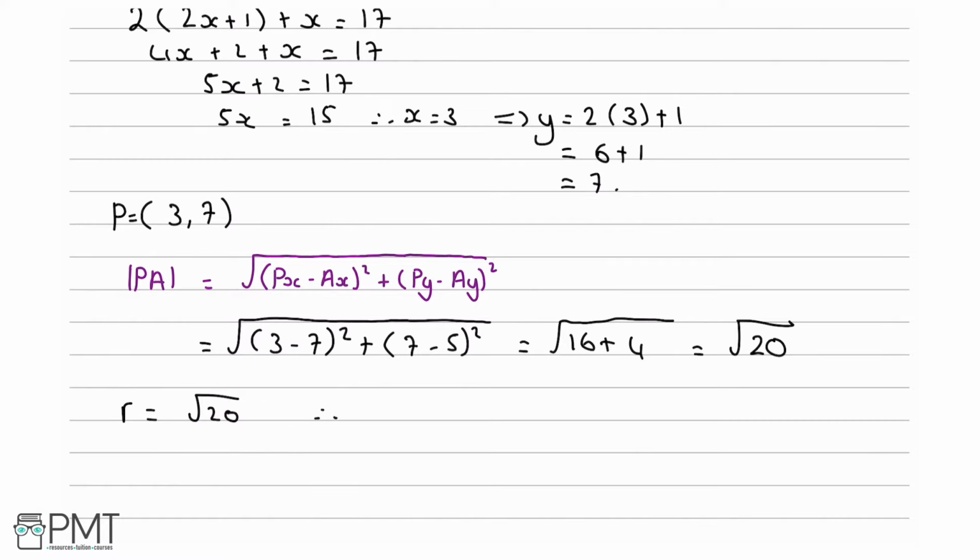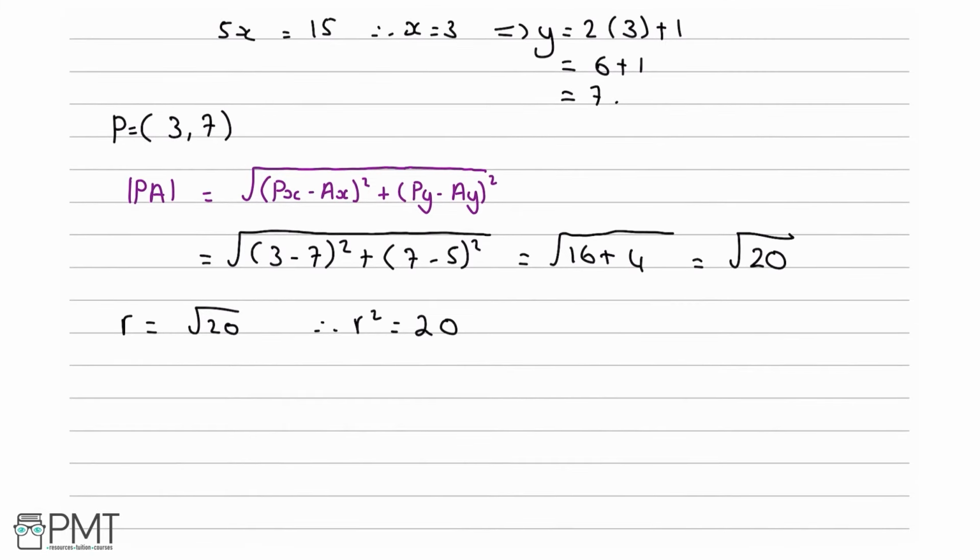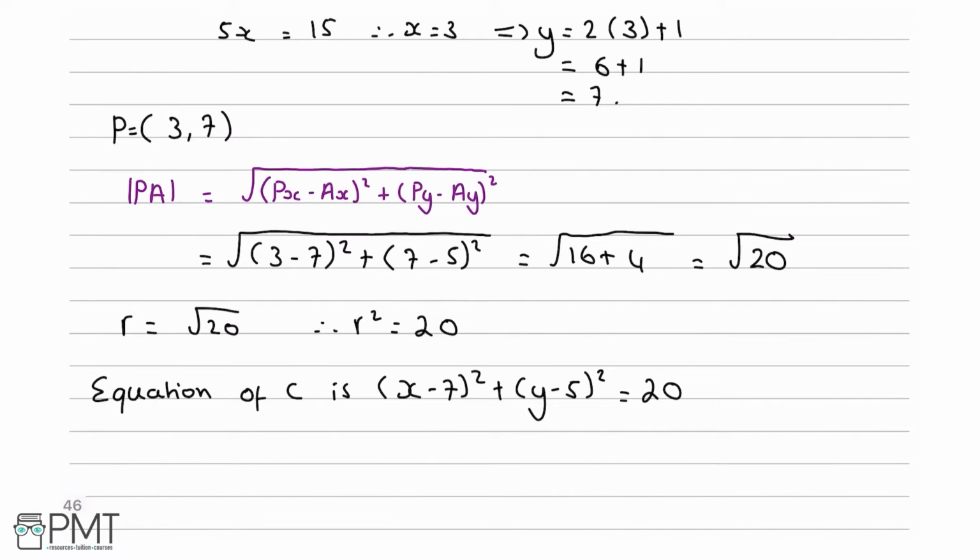So therefore, r squared equals 20. Okay? Now we've got all the information we need. Let's present it clearly to the examiner. So the equation of C is (x minus 7) squared plus (y minus 5) squared equals 20, like that.